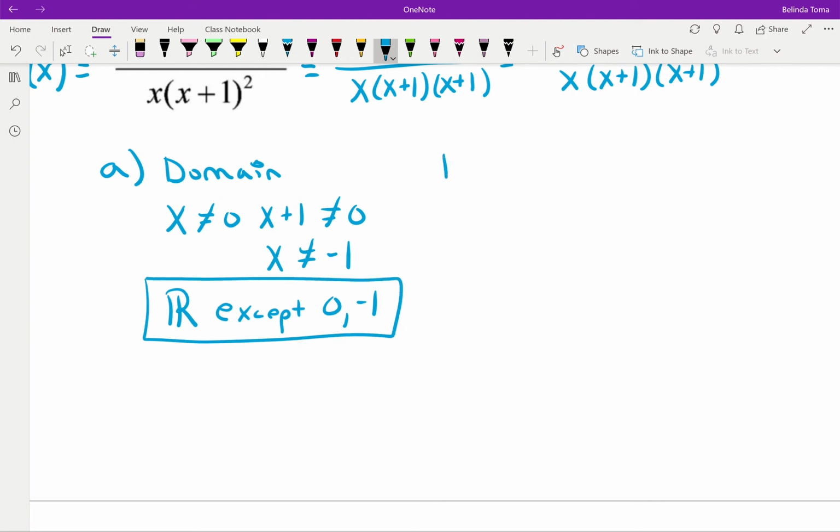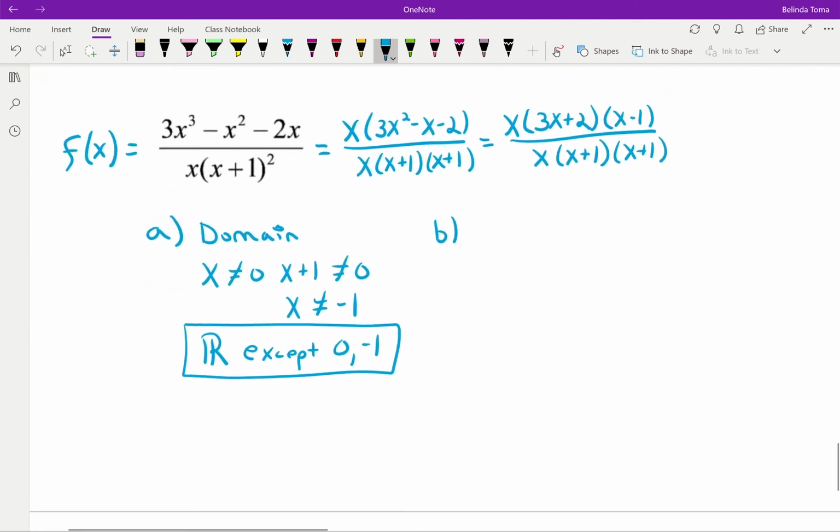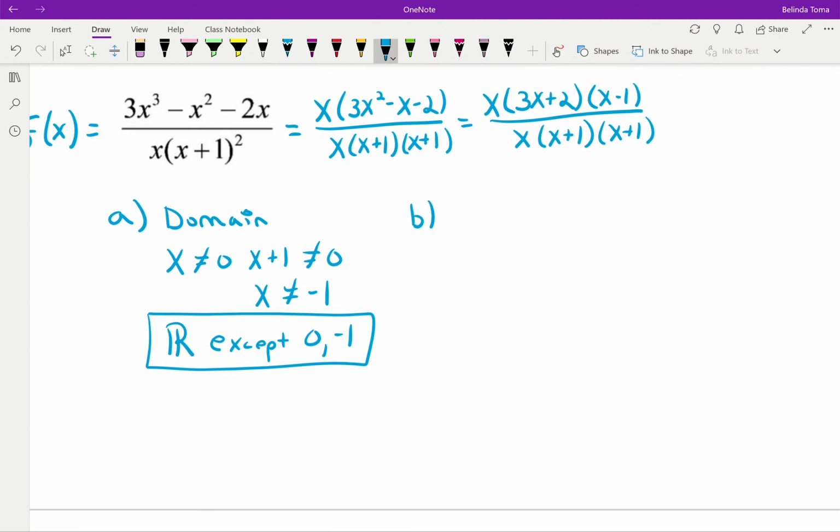And then when we look at our zeros, again, let me show the factored form here. We're going to be looking to the numerator, and we're going to be thinking in positive terms what makes it 0 in the numerator. So I have three factors. I'm going to set each of them equal to 0 and solve.